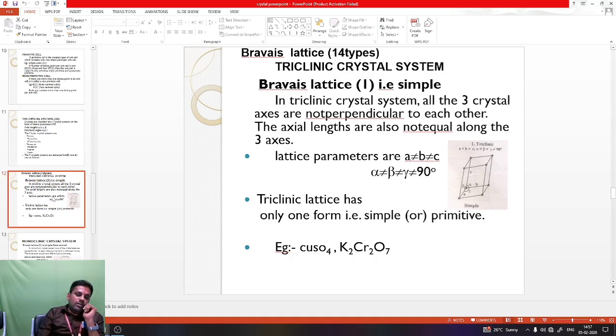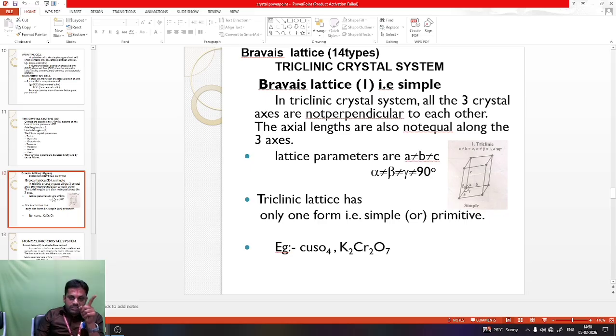But not all lattice systems are allowed for these 7 types. For cubic, only 3 systems are available: simple cubic, body centered and face centered. The base centered system is not available in cubic, so the cubic system has only 3, not 4.